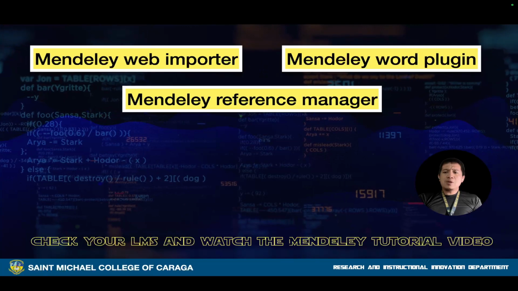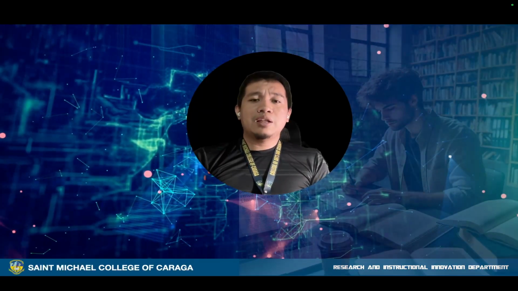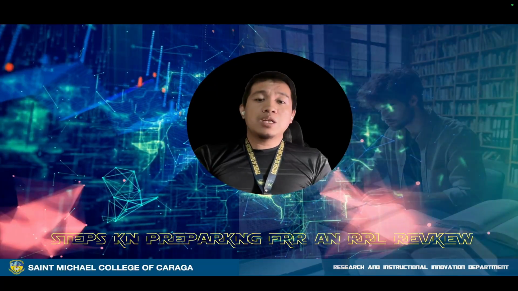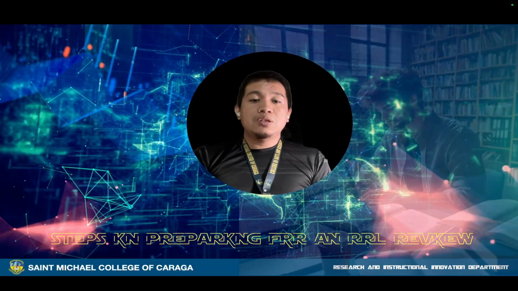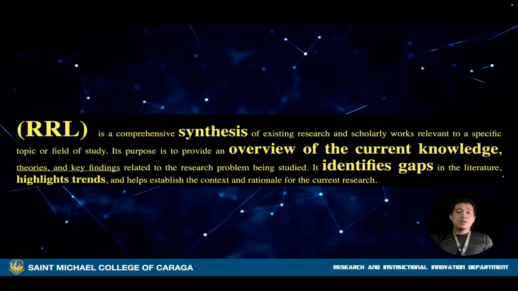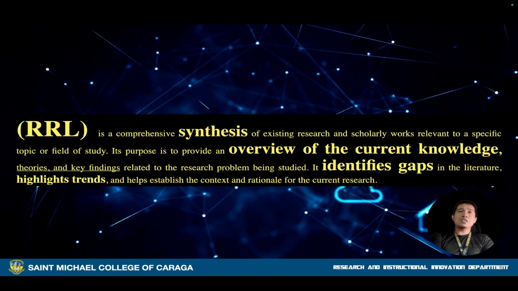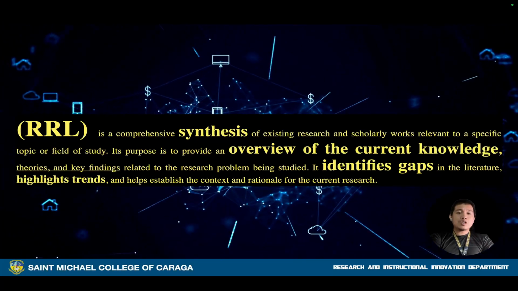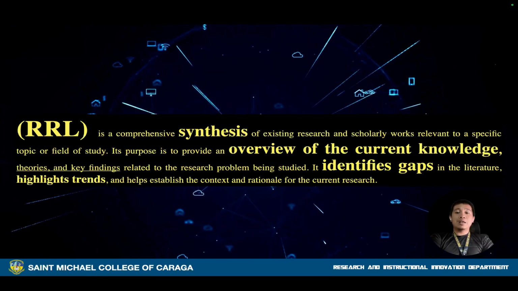But let's now deal further with how we really create the review of related literature. What are the most important steps in doing a review of related literature? We all know that a research paper would not be a good research paper without the RRL.